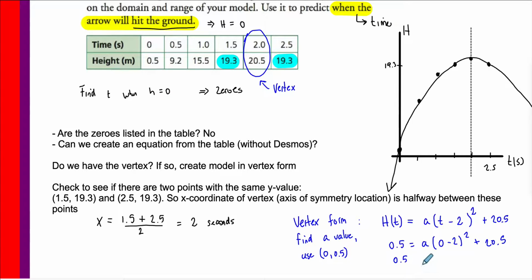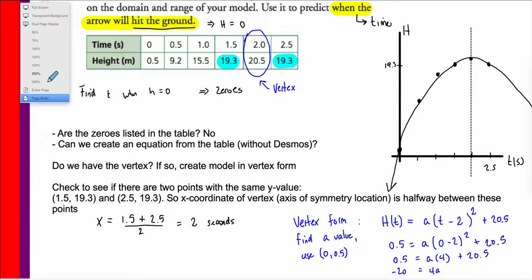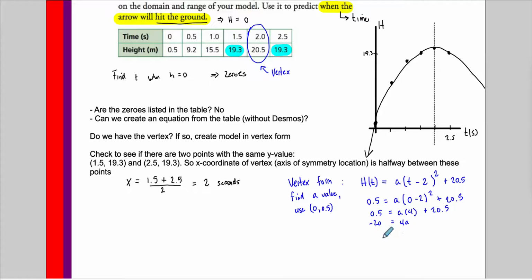So if I find a, right here I'll get 0 minus 2 squared is 4. And if I move 20.5 to the left-hand side, I have negative 20 is equal to 4a. And then one step further, I'll get both sides divided by 4 gives me negative 5.